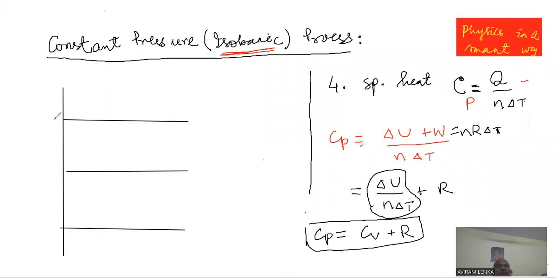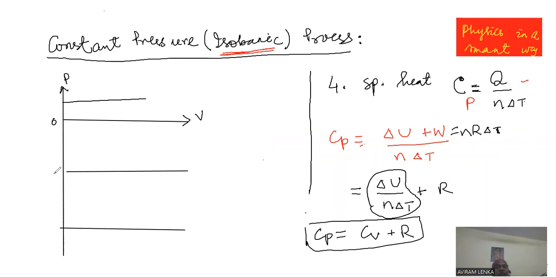So the first graph is with pressure and volume. Because pressure is constant, we know the graph will be like this, a straight line parallel to the volume axis. Pressure is constant, y is constant.